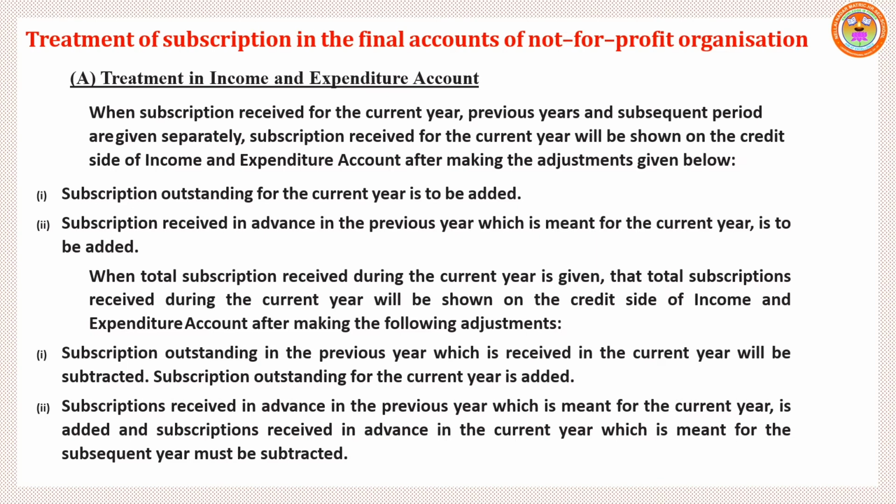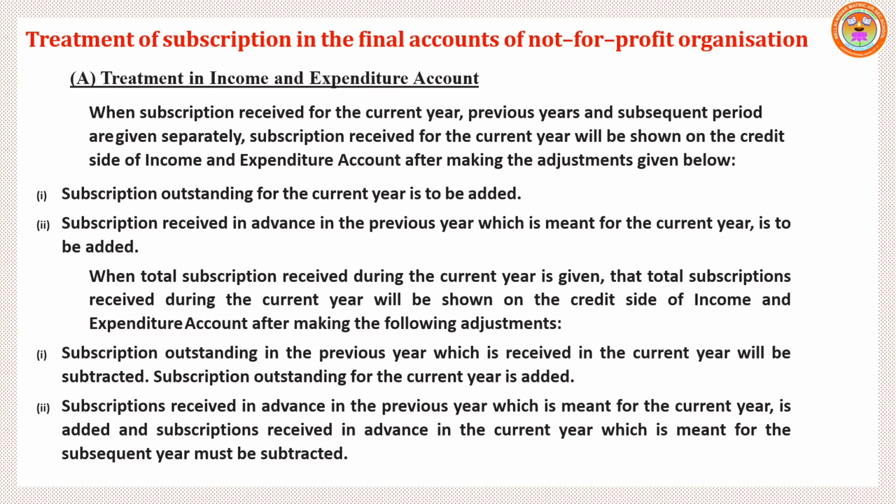According to the norms, while preparing the income and expenditure account, we have to show only the current year amount. So when subscription received for the current year, previous year and future or next year are given separately, we have to take one, and only the current year amount will be shown on the credit side of the income and expenditure account. That also after making some adjustments.